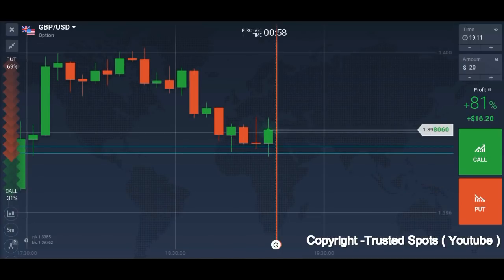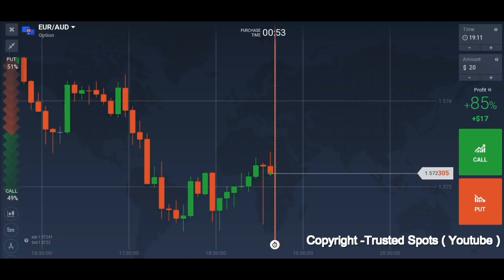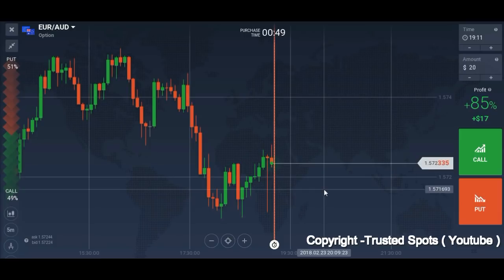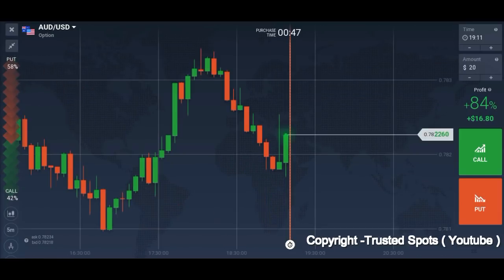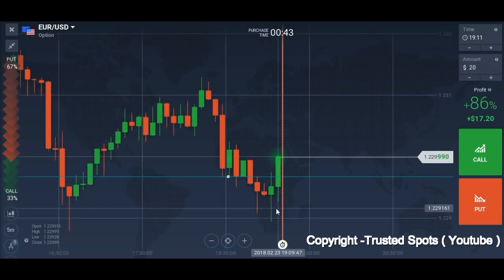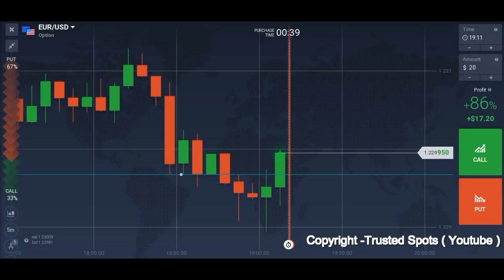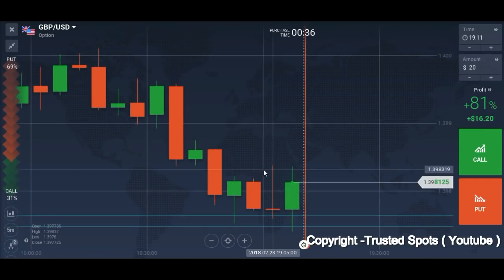Now let's wait for the candle to finish, and let's wait. Okay, it's moving fast, and here it tried to break but was not able to.